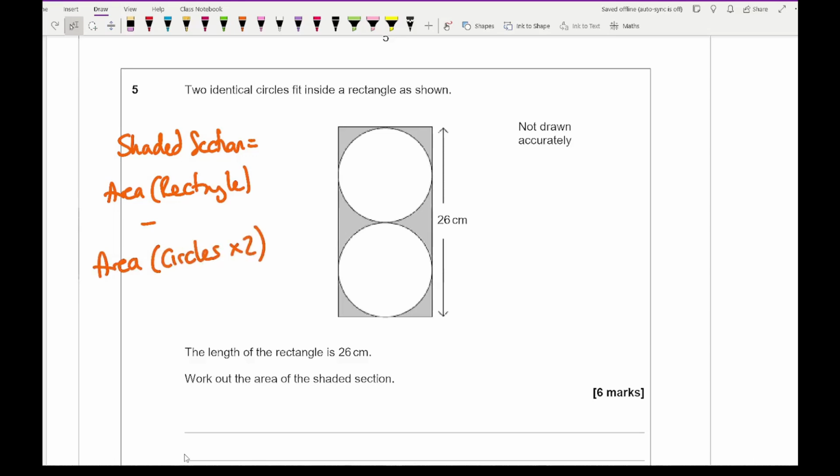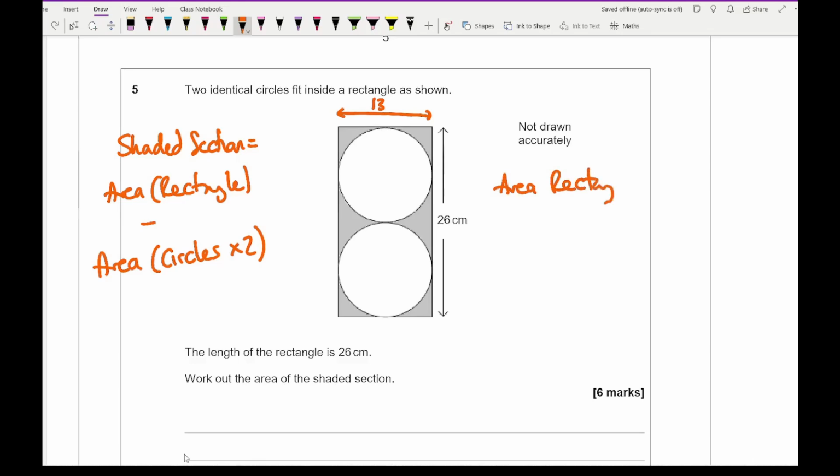Working out the area of the rectangle, if two circles have a total length of 26, then one is going to have a length of 13. So the diameter of the circle is 13, and the width of the rectangle is 13.